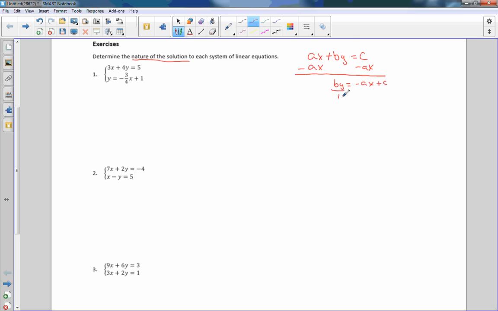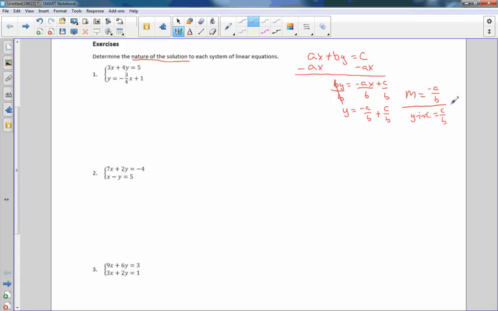And then to get y by itself, we divide by b, and we need to do that to every part. The b's cancel on this side, and I get y equals negative a over b x plus c over b. So m equals negative a over b, and my y-intercept equals c over b.